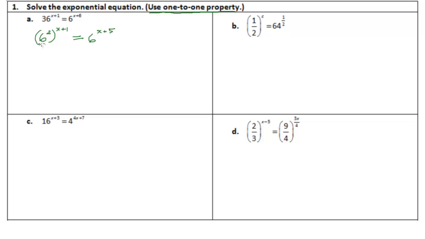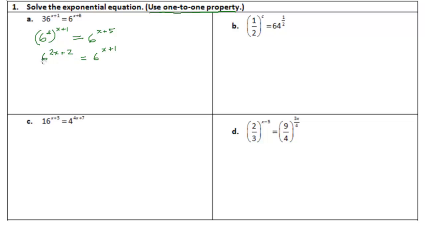So now, with a common base, we can simplify these exponents. This is 6 to the, now, a power raised to a power, we multiply the exponents, so it's 2x plus 2. And on the right hand side, we don't do anything, it's just 6 to the x plus 5.